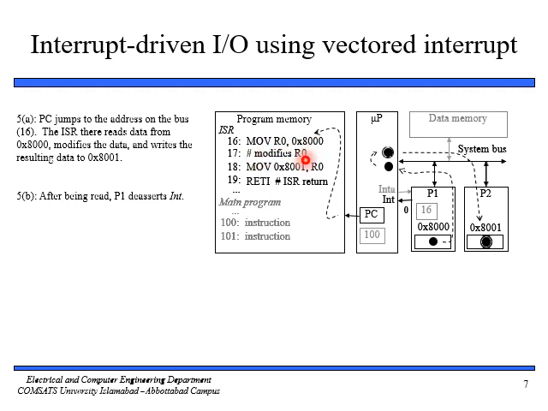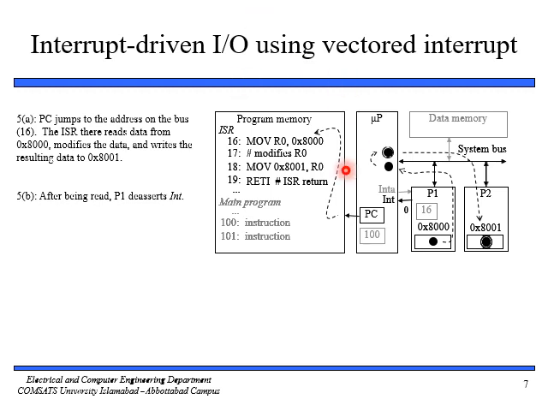Then it modifies R0, and moves R0 into 8001. You can see here the data is coming into the 8001 memory location of the port. After being read, P1 deasserts int. Once it is read, you can see that int is 0. So this is the whole process of interrupt driven IO using vector interrupt.